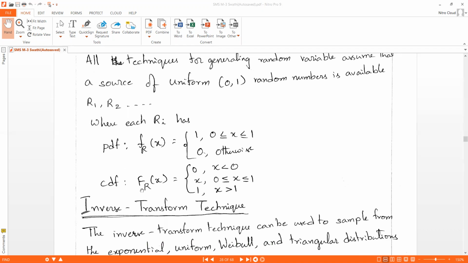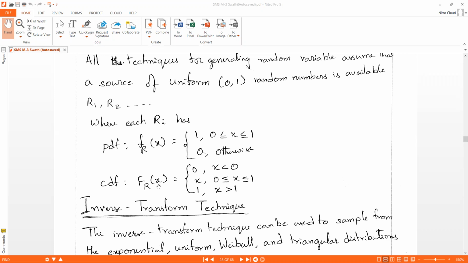Next, the CDF for Ri: F_R(x) is equal to 0 if x is less than 0. If x is between 0 and 1, F_R(x) is x.